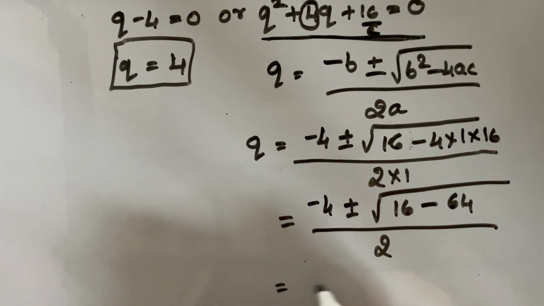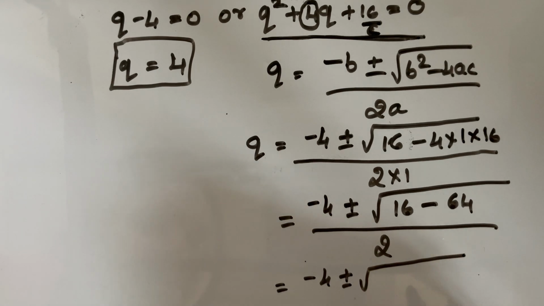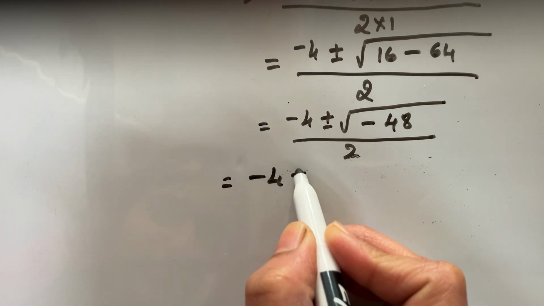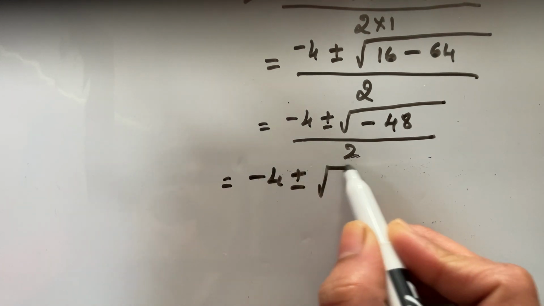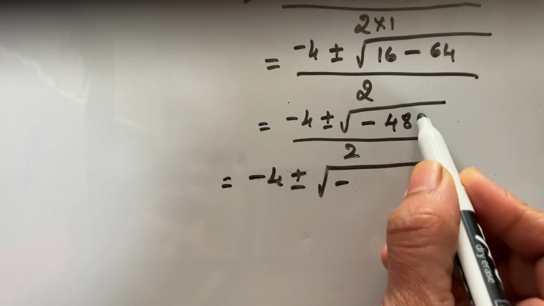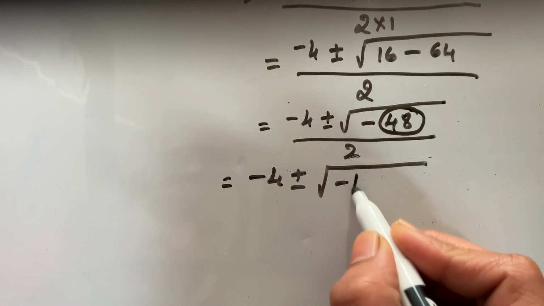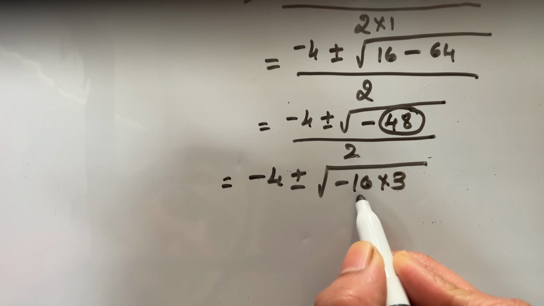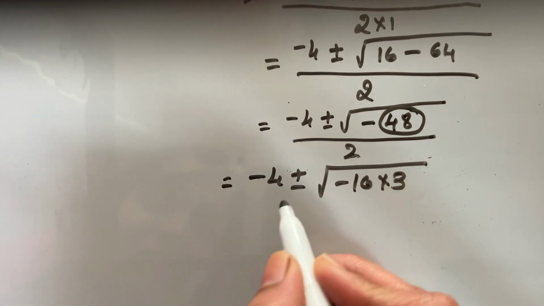So this is equal to minus 4 plus or minus square root of 16 minus 64, which is negative 48, divided by 2. Now I can write 48 as 16 times 3 because I need a whole square number here, divided by 2.